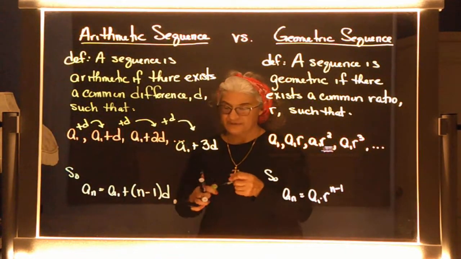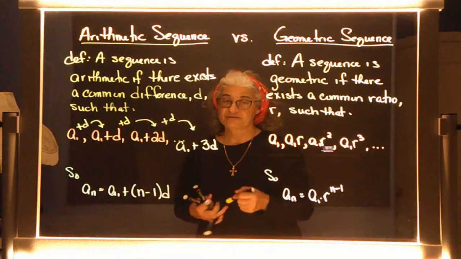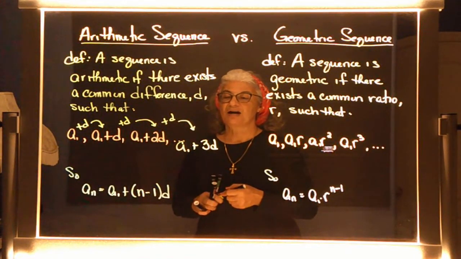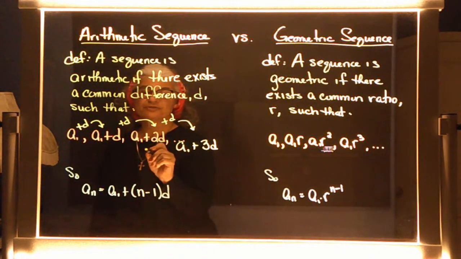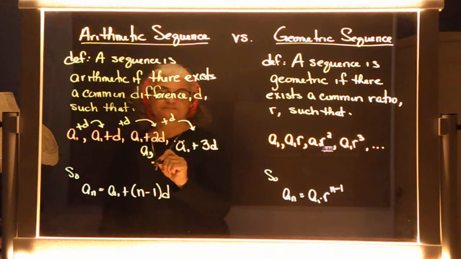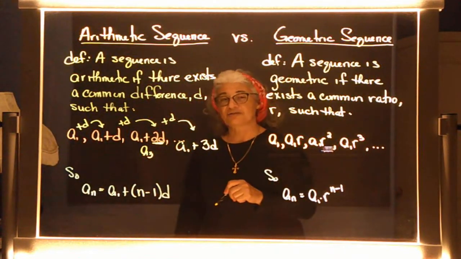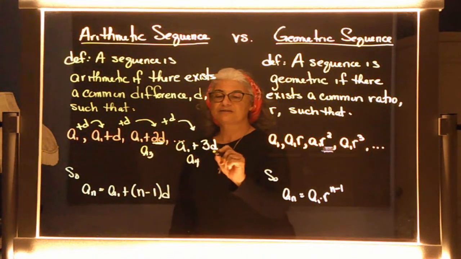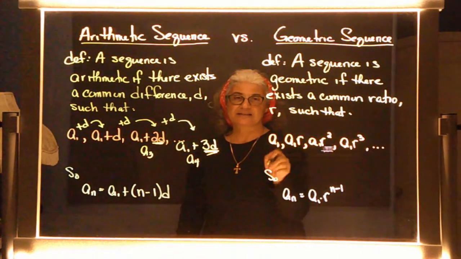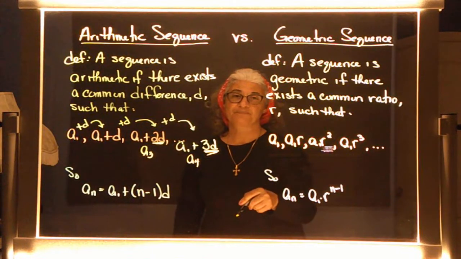Okay, now something else I'd like you to be very aware of. This is the third term of the sequence, right? And notice we had 2 d's that were added to get to the third term, correct? This is the fourth term of the sequence, and we added 3 d's to get to that fourth term.